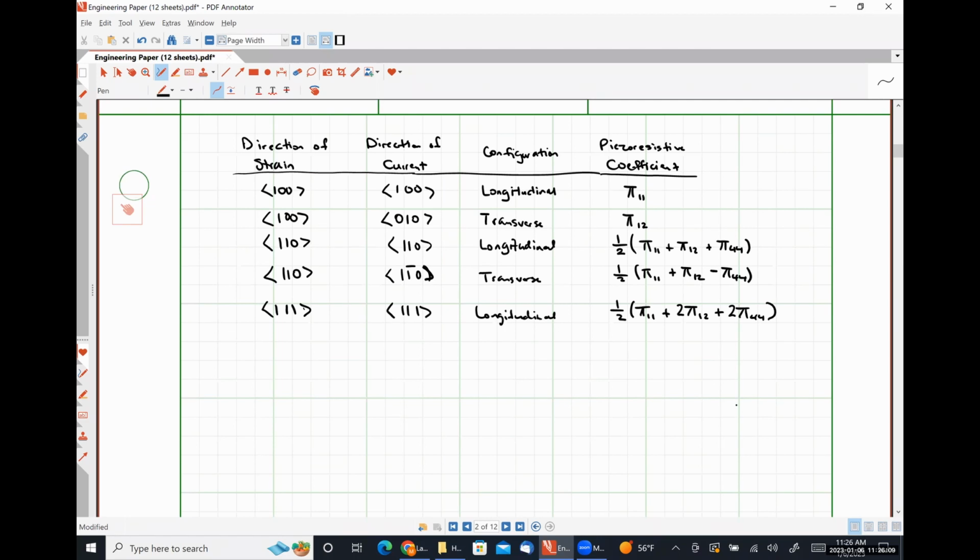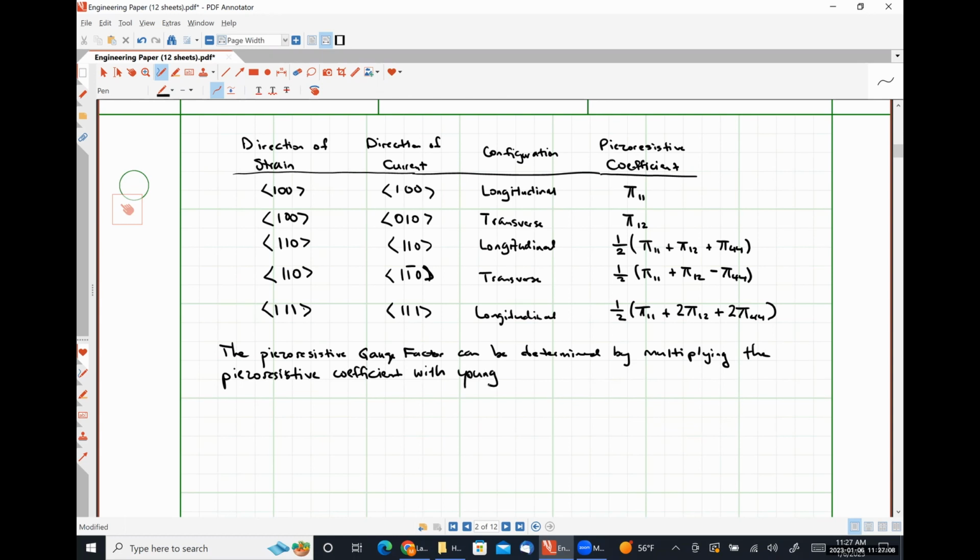All right. So circling back around, our gauge factor can be determined by multiplying the piezo-resistive coefficient with Young's modulus.